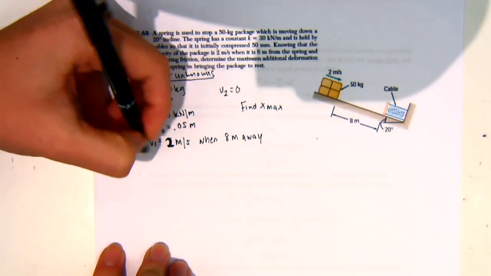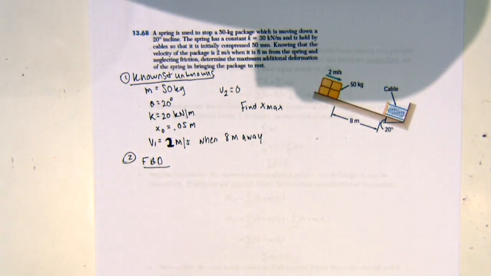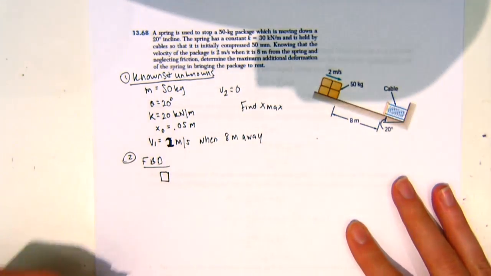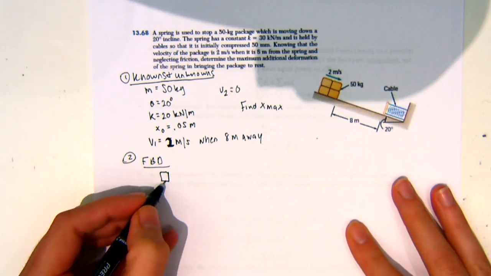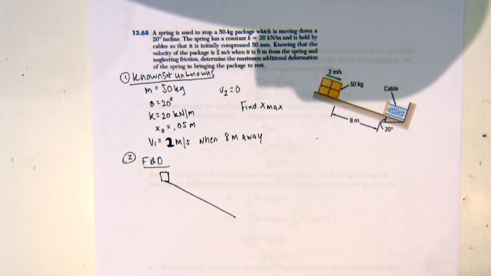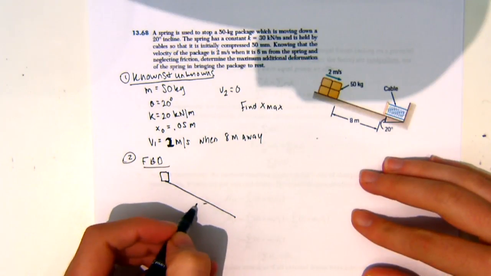So my favorite step 2, free body diagram. So if initially our package is up here at 8 meters, and we know it's going to slide all the way down the slope, I'm going to set my datum at the initial spring position. So where the spring is at 0.05. Everyone good? So I'm going to draw a line right here.